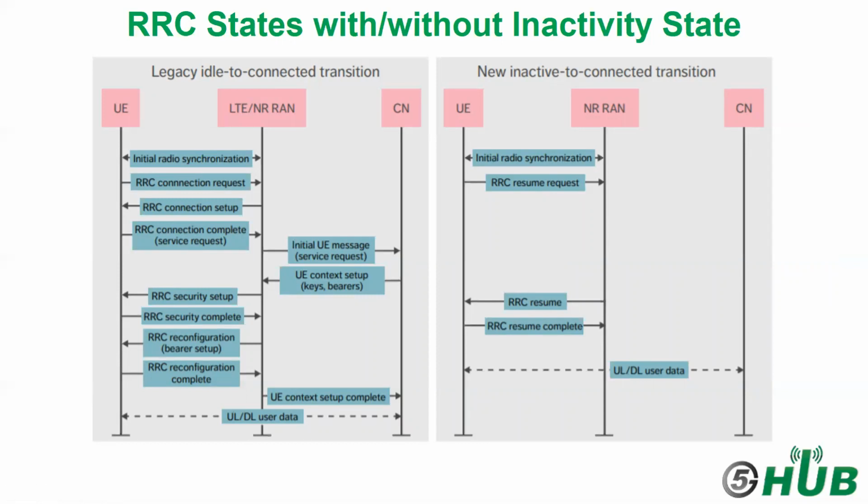So the reduction in RRC signaling significantly lowers the access latency experienced by user equipment, which leads to more responsive end user service and the ability to support new use cases. It also will reduce the power consumption for devices such as battery-powered sensors that only send small, infrequent reports of less than 100 bytes of data.